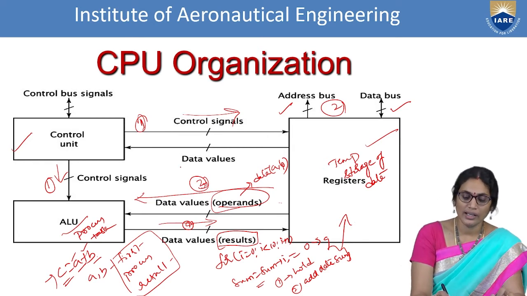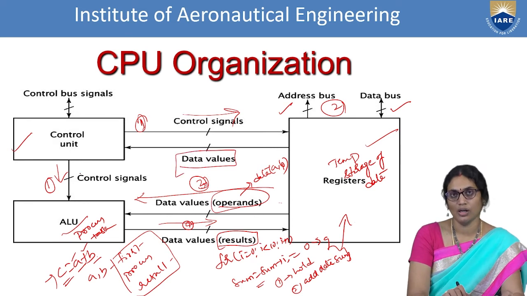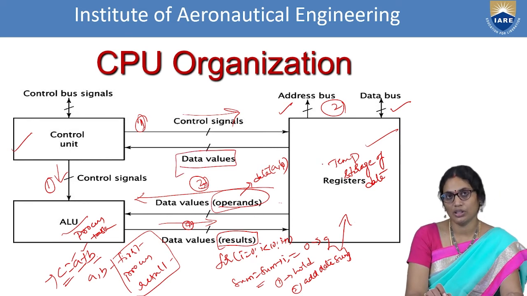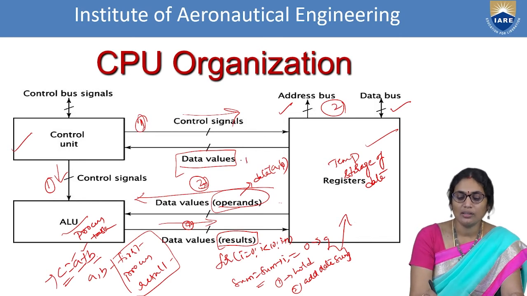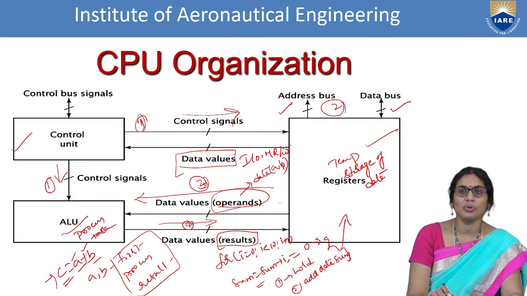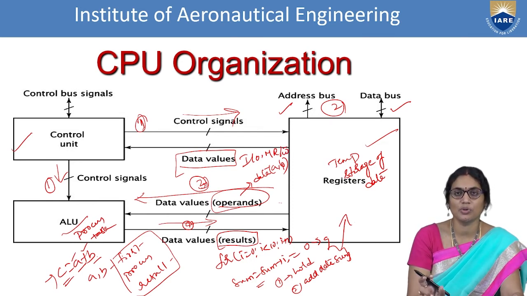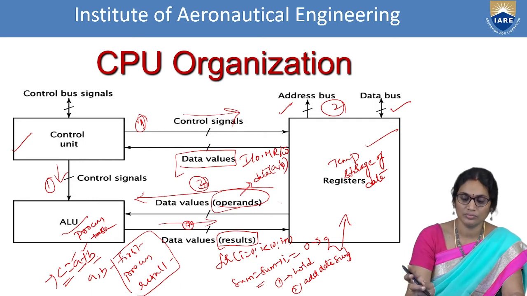So we are again calling this data values with respect to the control unit. Again, this will be stored in the form of registers in some cases, not every case. Something like I/O, memory read or write operations can also be considered as signaling operations from the registers, which have to be held in a temporary location.